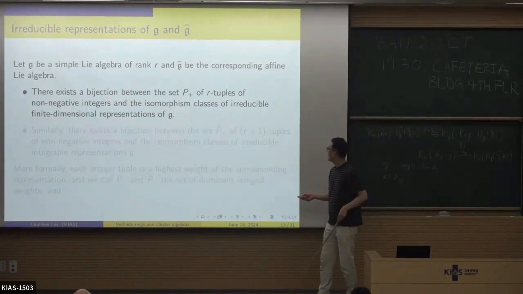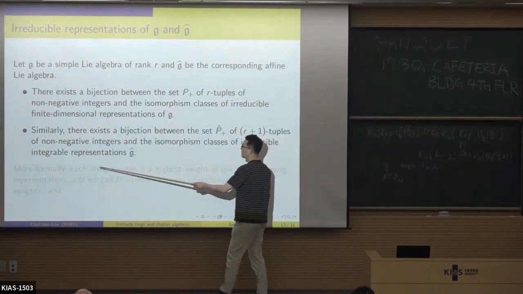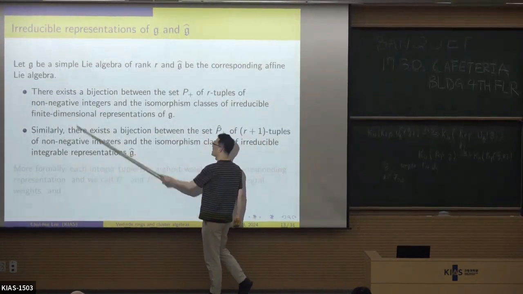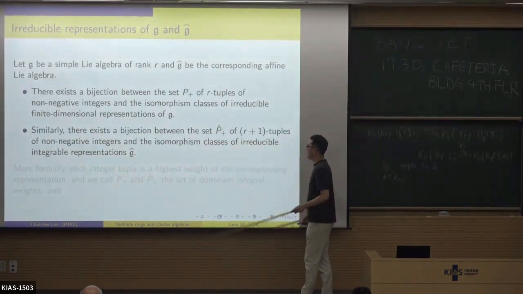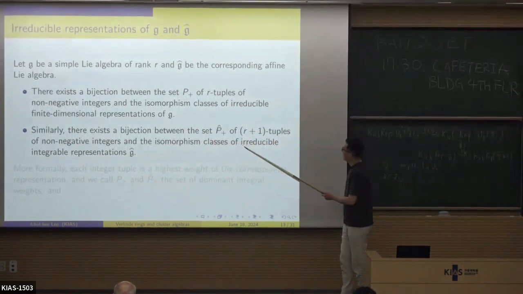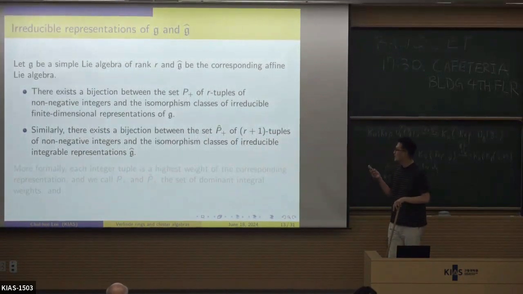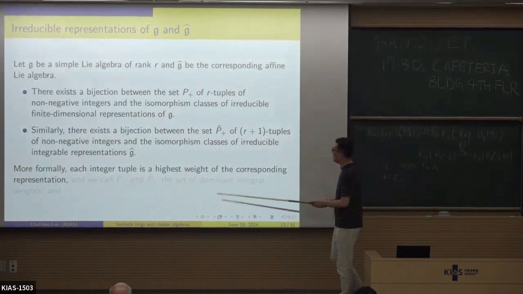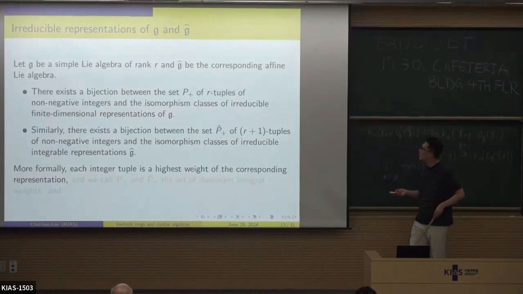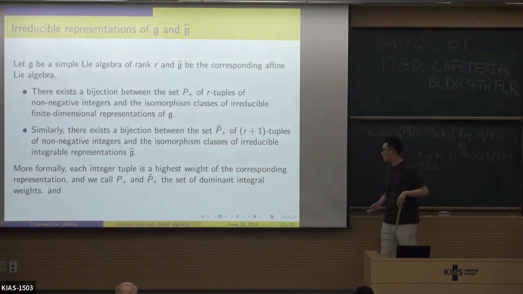Similarly, isomorphism classes of irreducible integrable representations, where integrable is a technical term but you can just regard this as the analog of finite-dimensional representations, of g hat can be classified by (r+1)-tuples of non-negative integers. A more intelligent way to say this is that each integer tuple appearing here is the highest weight of a representation, and we call these parameter sets P plus and P hat plus, the sets of dominant integral weights.